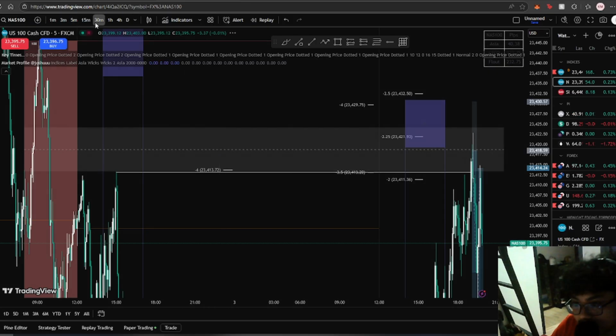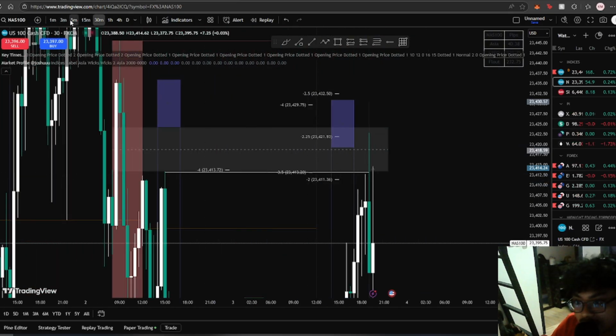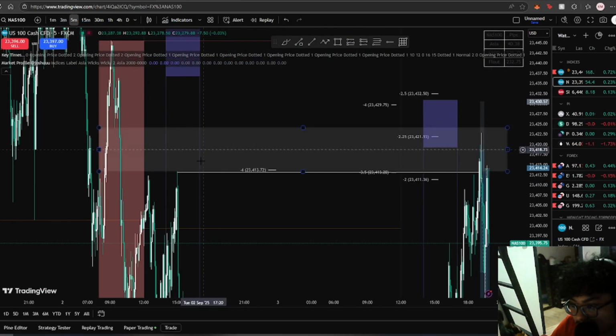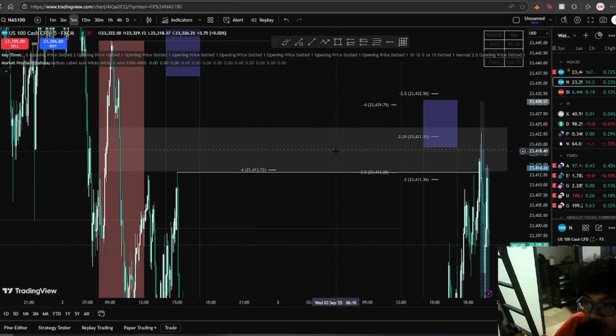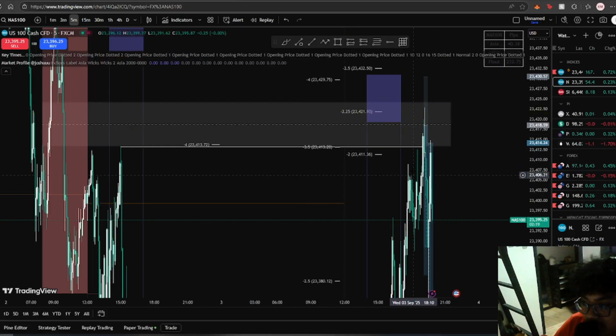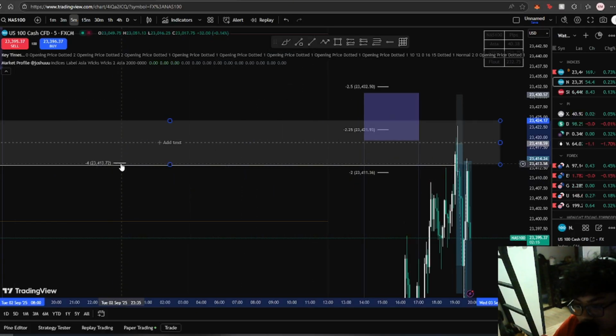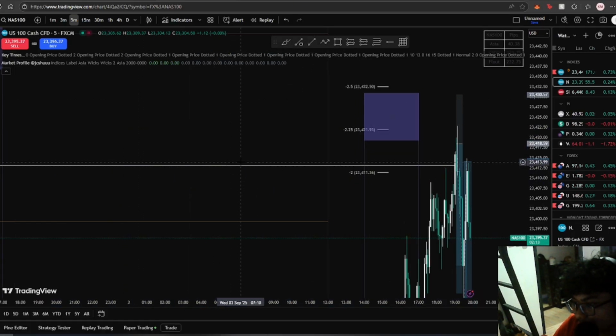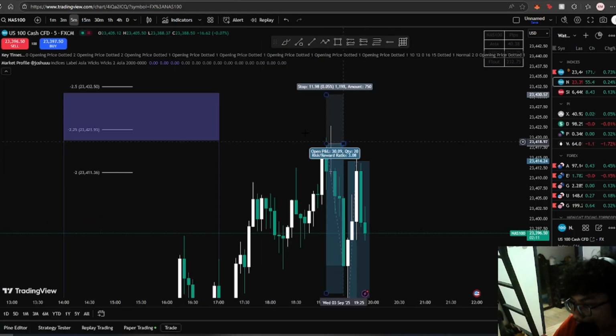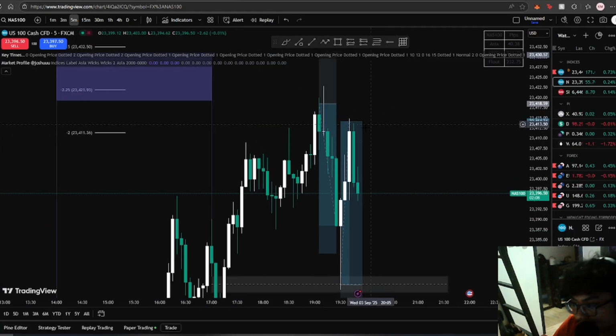We rather took it at the 30-minute BPR CE because that just makes the most sense. And it was gonna have to go deeper into the fair value gap before distributing lower. So let's remove these. Yeah, so we distributed lower.